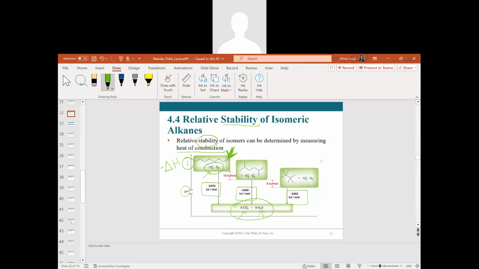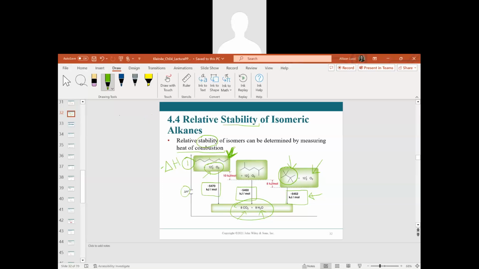Over here, this last compound is the most branched isomer of the three, and we see the least amount of heat released, or the least amount of delta H, or change in enthalpy, because it started at a lower energy. And we conclude then that these branched alkanes are going to be lower in energy and more stable than these straight alkanes.